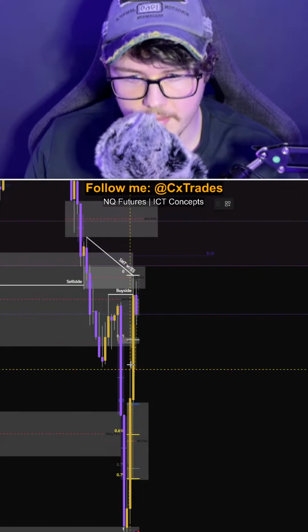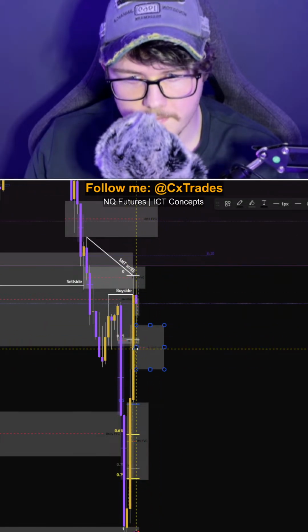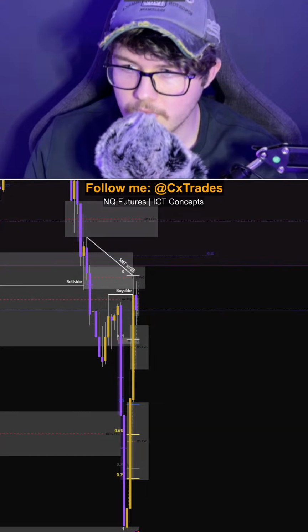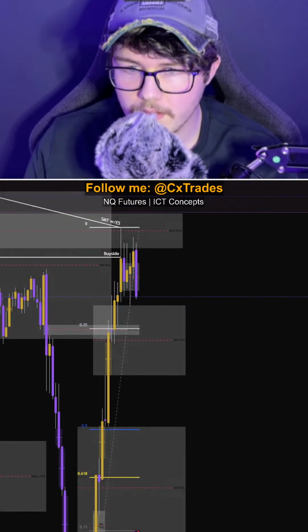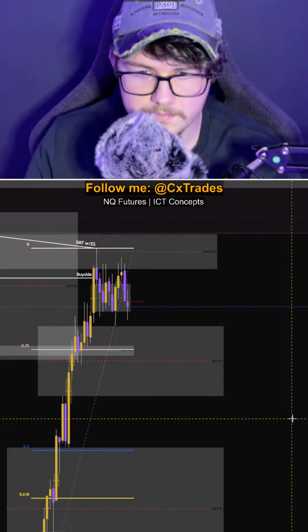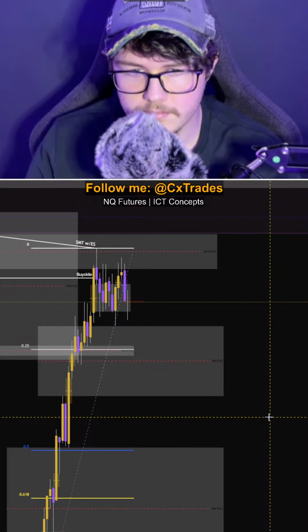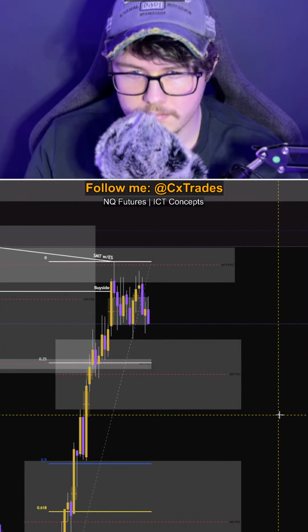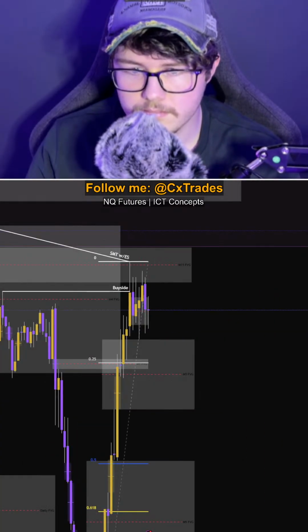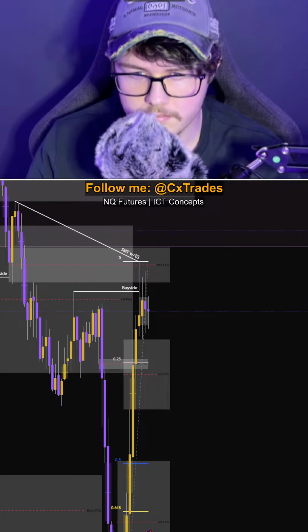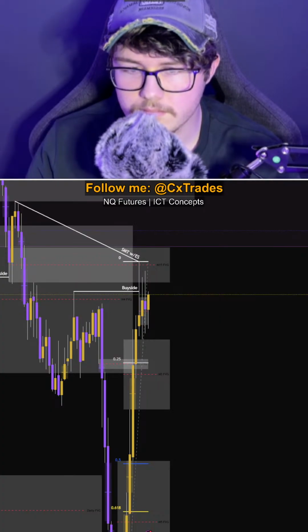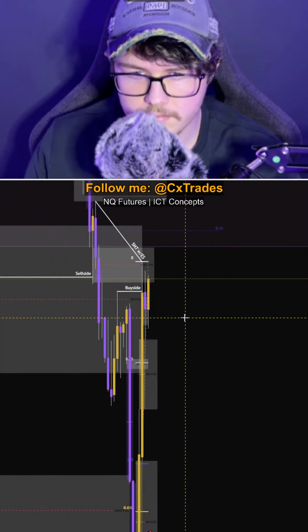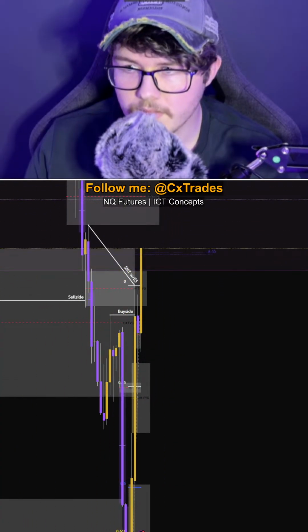This M5 closes here in about 30 seconds. Thought that might happen.